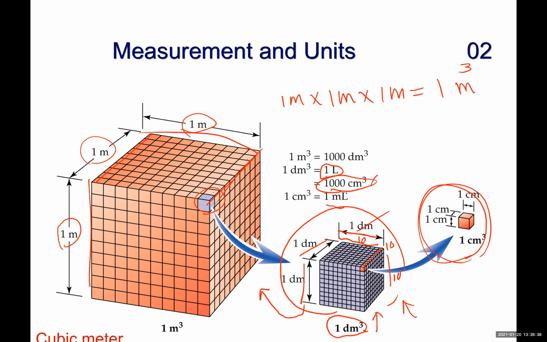And you have heard milliliter, that's what you do in the lab, it's 1/1,000 of a liter. And 1 milliliter is the volume of this cubic centimeter. So 1 cubic centimeter is the same as 1 milliliter, 2 different names for the same amount of volume. So I'm going to give you a table on exam which relates these units together.